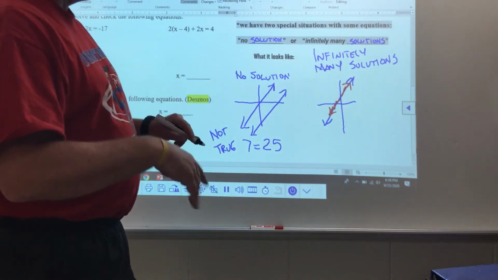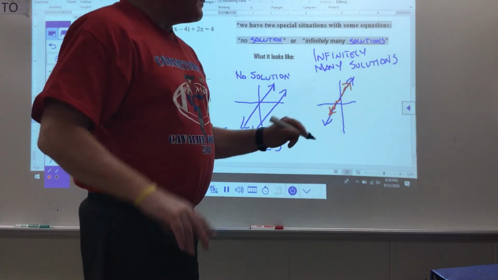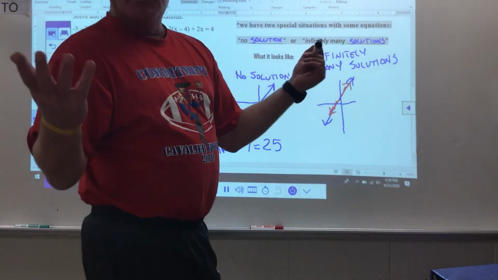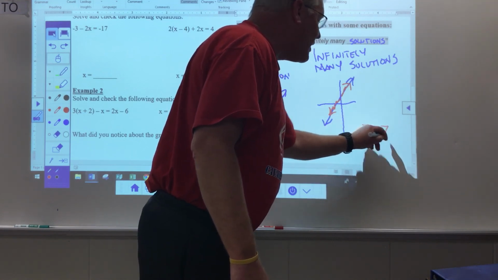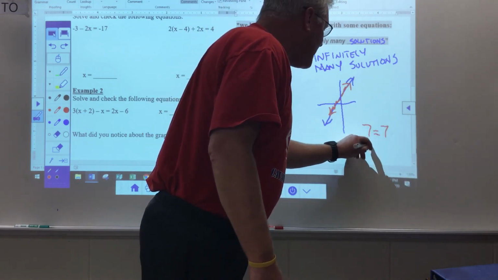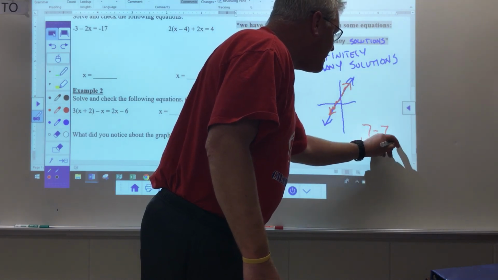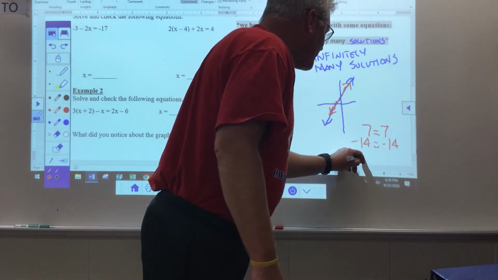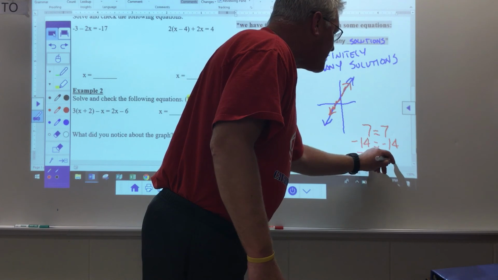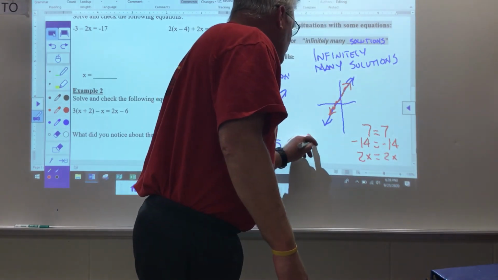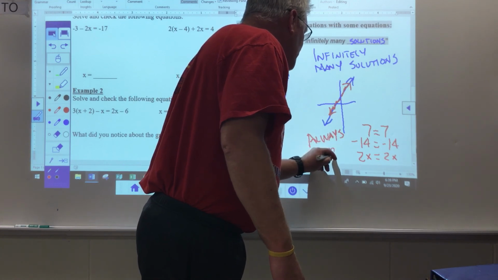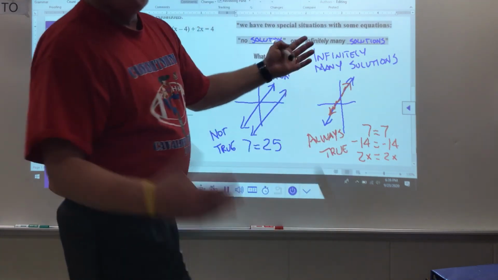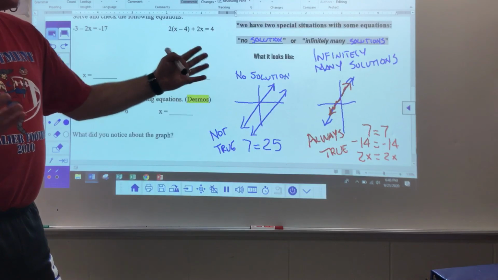So that's what that looked like. Now, mathematically, if we solved it by hand, you would have those variables possibly drop out, and you would have something like 7 is equal to 7, or negative 14 equals negative 14. Or you might even have, if you do it differently, like 2x equals 2x, where that is always true. And if that happens, you have infinitely many solutions for the solution for that equation.